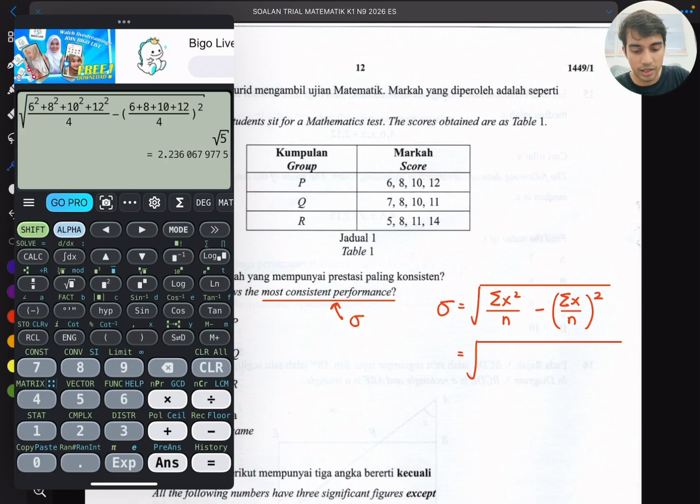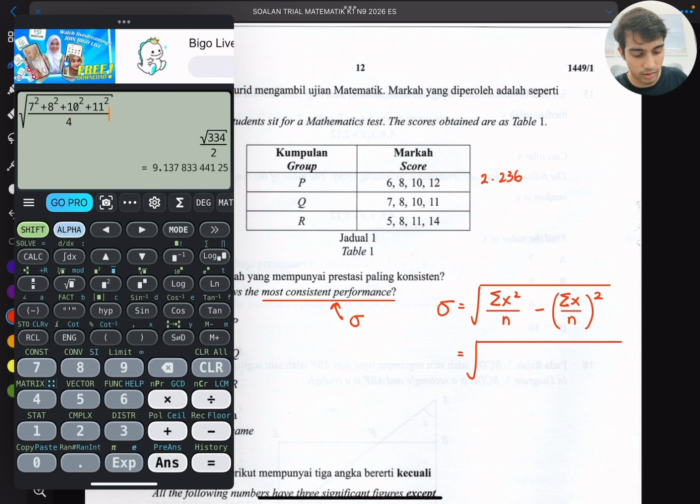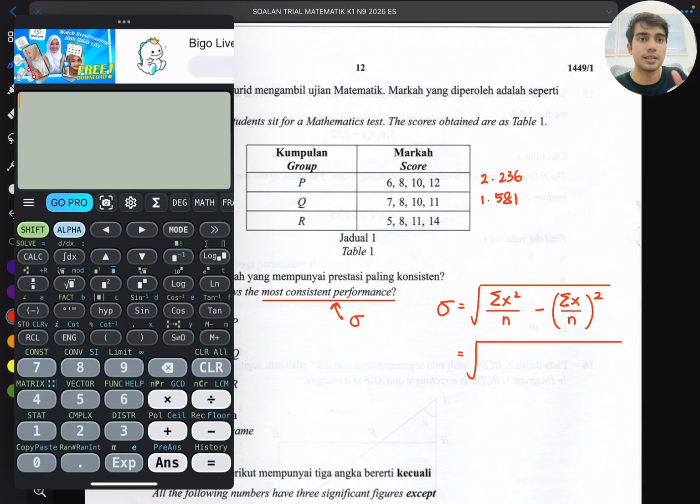So the first one has a standard deviation of 2.236. Let's do the next one. Same thing: sum of x square divided by n, minus sum of x divided by n, squared. We get 1.581. This is much better compared to P because of the lesser standard deviation.